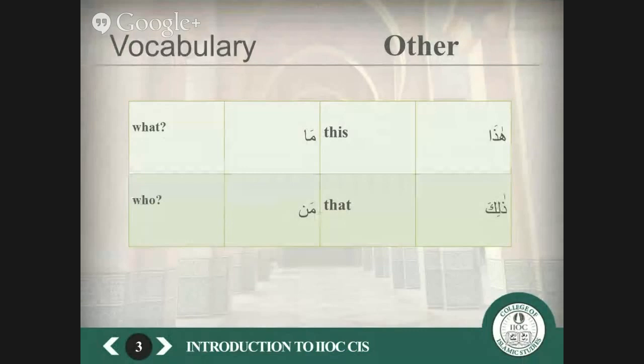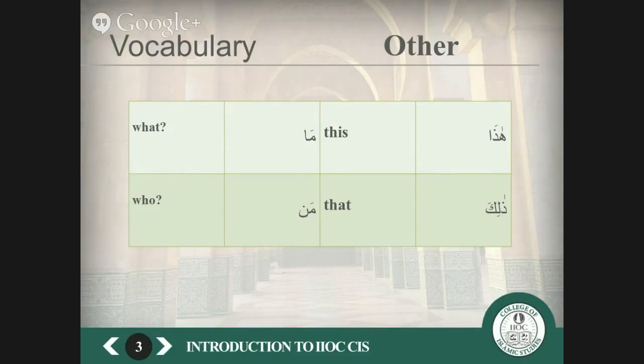All right. Vocabulary, the word hadha. Hadha means this. If I point to something and if I say, look, what is inside hadha? Ma, exactly. Okay, you got it. And if I say ma, what is hadha? Qalam, exactly. We got it.